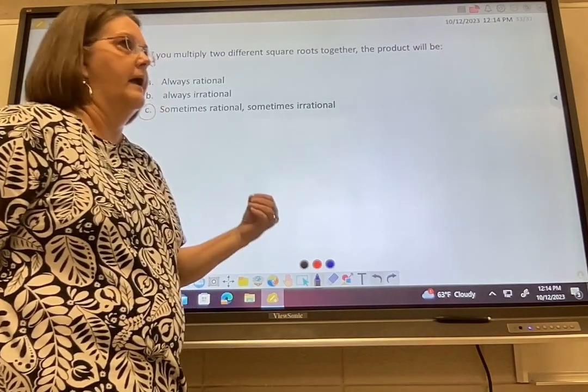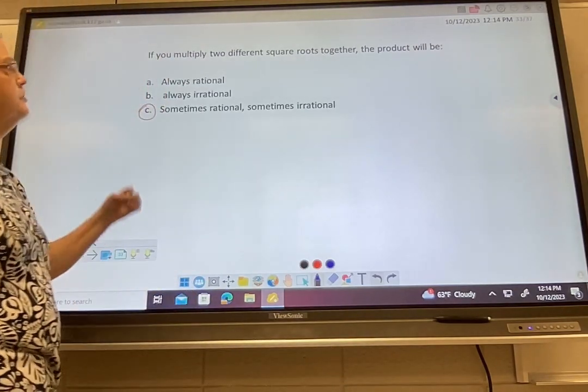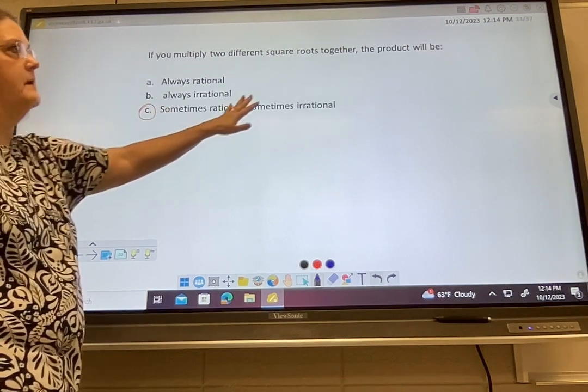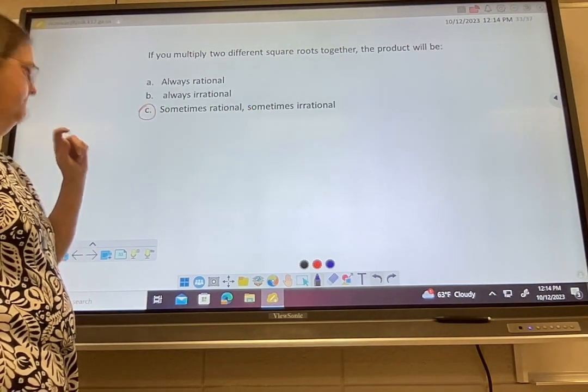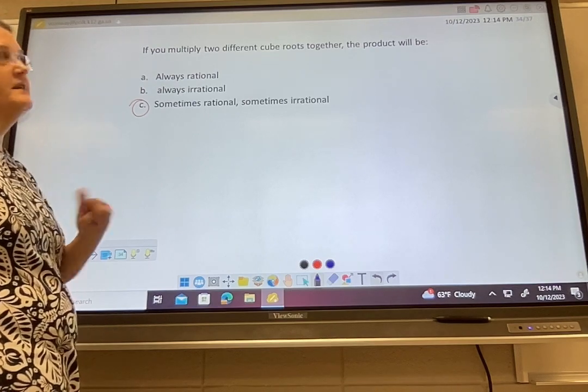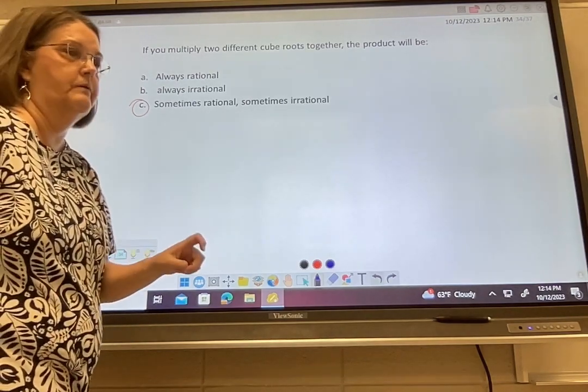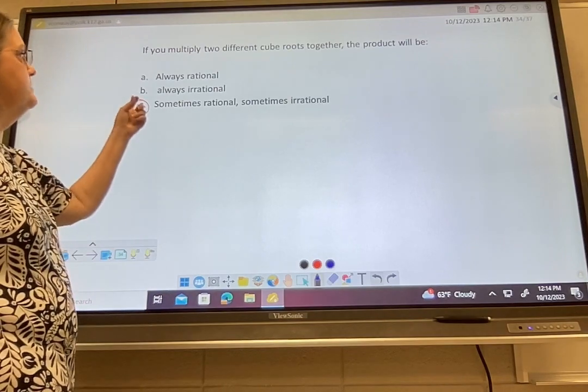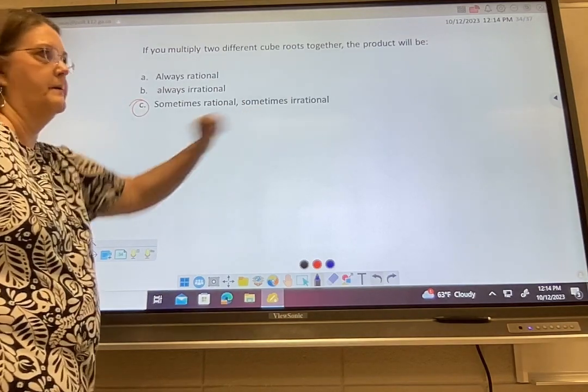But anyway, even then, my answer will sometimes be rational and sometimes be irrational. If I multiply two different cube roots, it doesn't matter if it says square root or cube root, the answer is the same. It will sometimes be rational and sometimes be irrational.